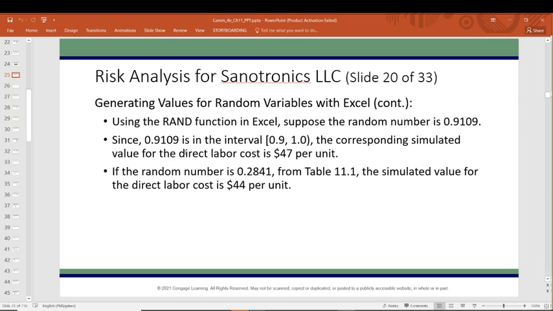Because 0.9109 is in the interval, the corresponding simulated value for the direct labor cost is $47 per unit.